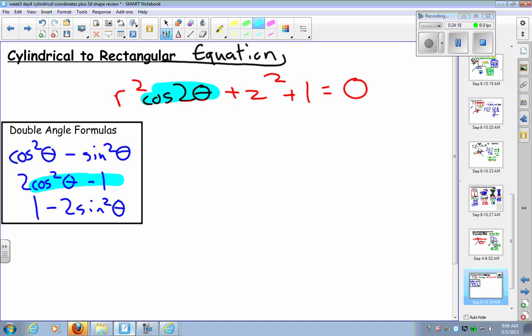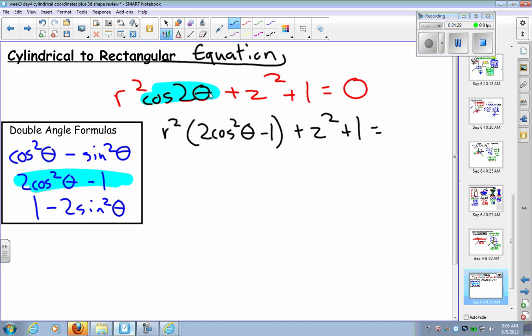So let's change it based off of this. So I could say r squared times (2 cosine squared theta minus 1) plus z squared plus 1 equals 0. Okay. So now with that, I could distribute: 2r squared cosine squared theta minus r squared plus z squared plus 1 equals 0. From there, let's see what I have.